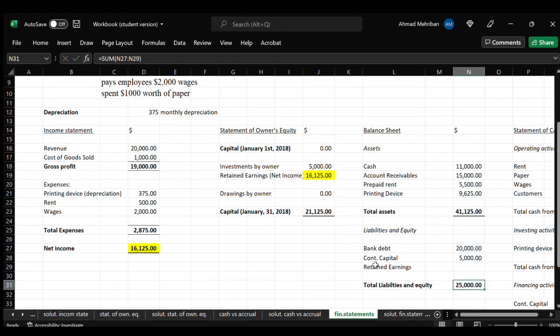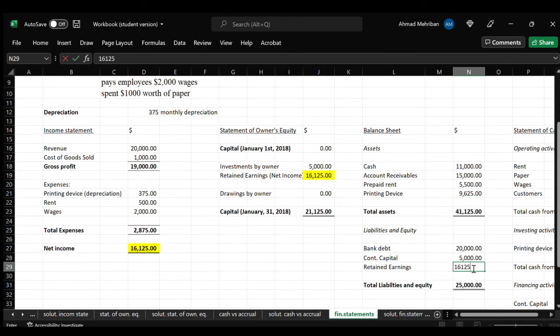But as you can see, we are missing one piece of information from the retained earnings in the liability and equity section, and that is this. So the moment we enter the retained earnings information, which is 16,125, we can take it from either here or here, it doesn't matter. We just need the net income information, and that is 16,125.